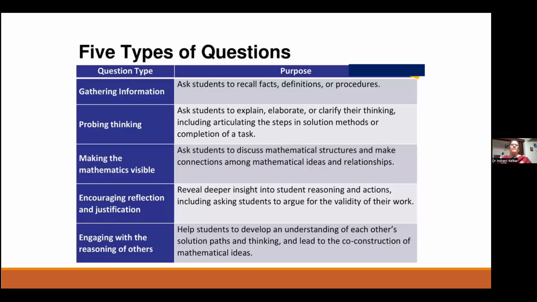So there are basically 5 types of questions in any subject, and nothing more than this generally comes in. The first type of question is gathering information, like facts, definitions, or procedures. The questions will be one word, one line, or like 'what is' kind of questions, or fill in the blank.